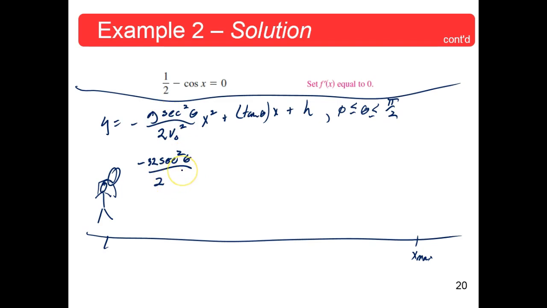Over 2 times 24 squared, going to be sort of a big number there, times x squared plus tangent theta times x, plus 9. And that's going to be equal to 0.